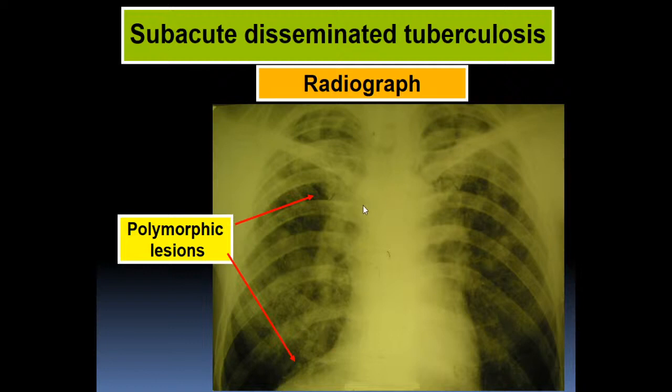That's why the shadow changes in the lungs in this form of tuberculosis can form at different times, and therefore have different density. And you can see focal shadows can join together in infiltrates. This is not typical for miliary TB, but typical for subacute disseminated tuberculosis.